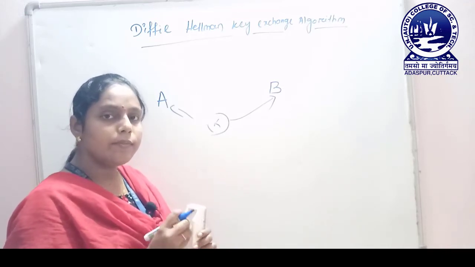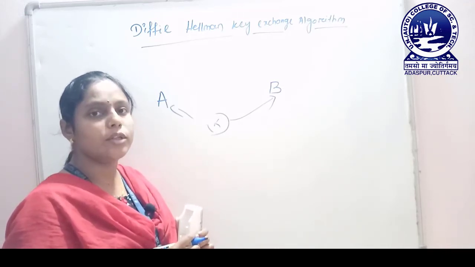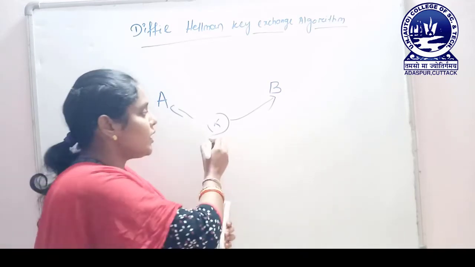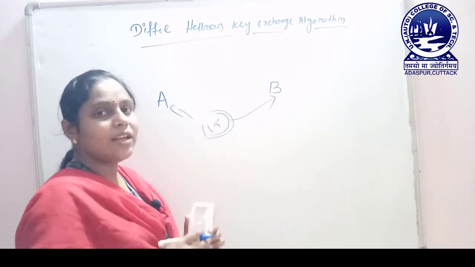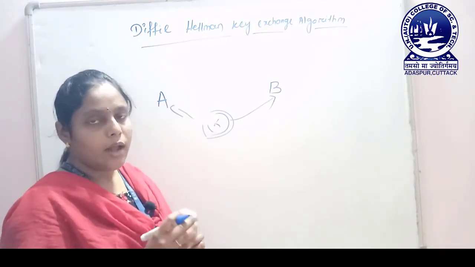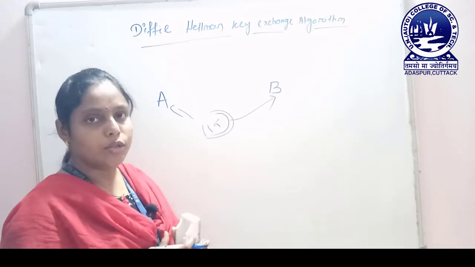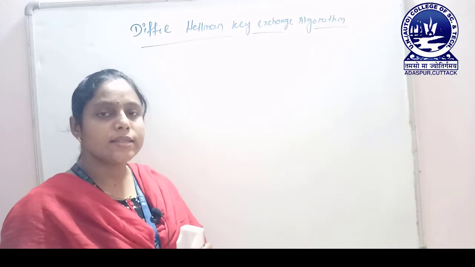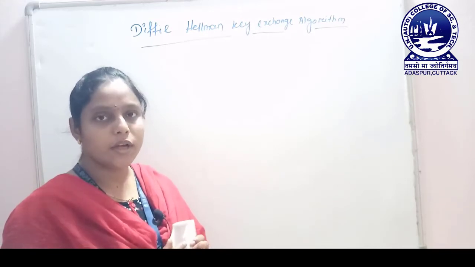That means the Diffie-Hellman key exchange algorithm is used to exchange the secret key, which is basically used in symmetric key encryption. Now look at the algorithm. In this algorithm, suppose Alice is the sender and Bob is the receiver.